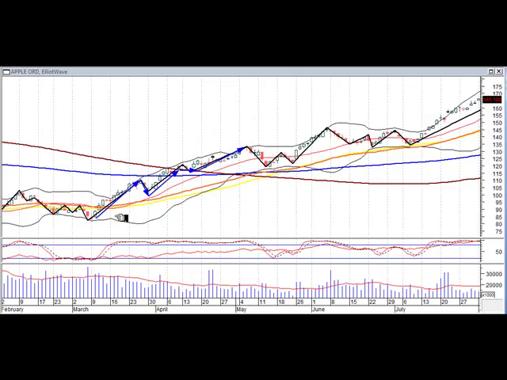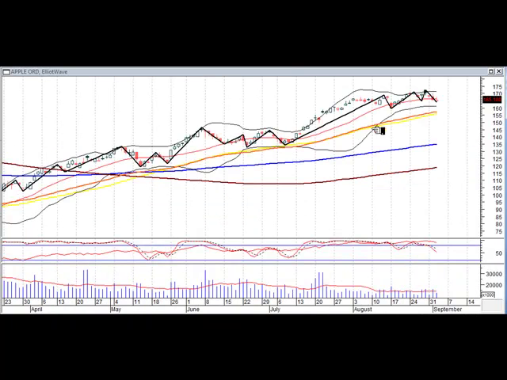So this is an uptrend that has increasing momentum into the trend. This is where you want to be long, right? And the one that we were looking at before is a trend with declining momentum. So this is not where you want to go long Apple.